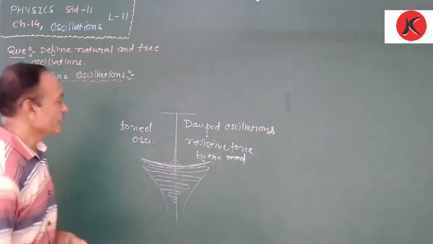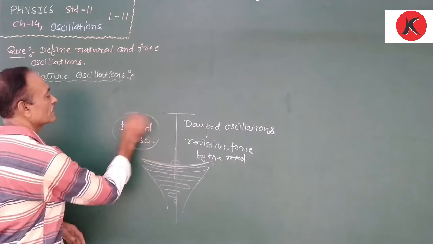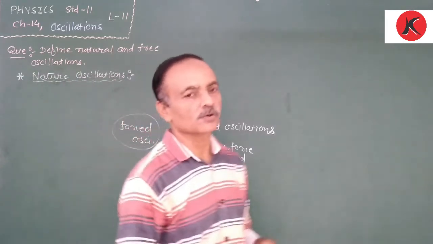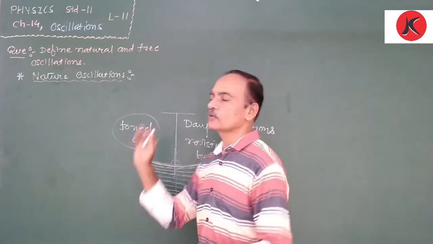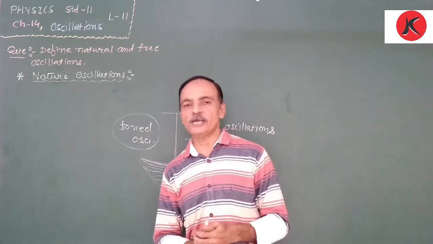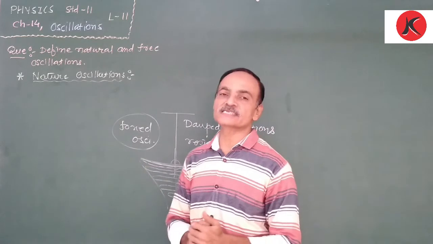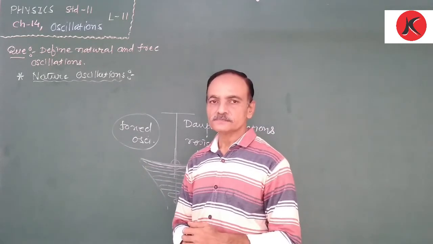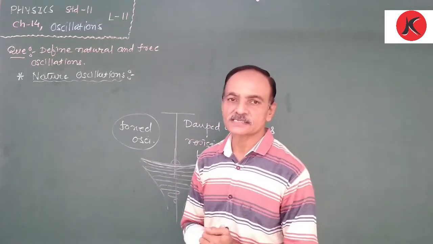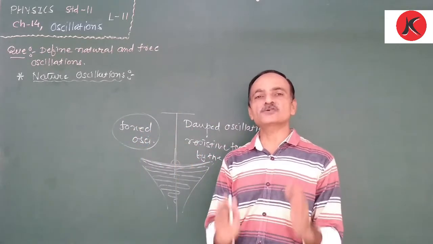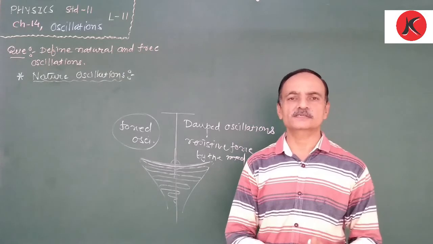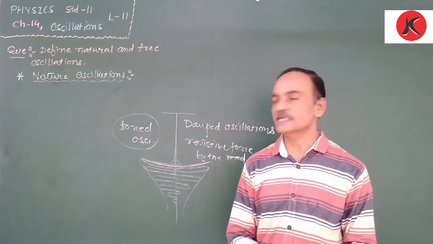Clear? Okay. Today we are going to discuss forced oscillation, and we are also interested in deriving the differential equation for forced oscillation. Before that, first we discuss natural oscillation. Natural oscillation means the oscillation of a system in the absence of any resistive force.